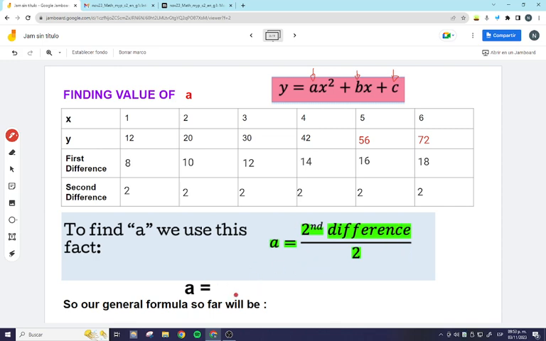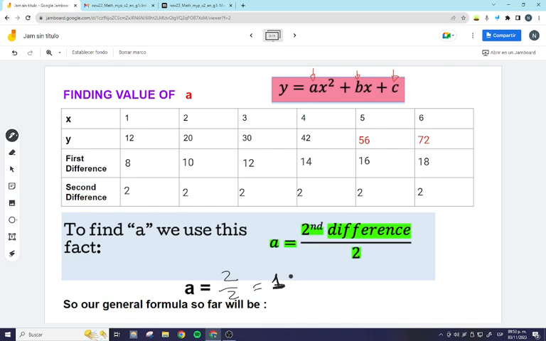So what is our second difference in this case? Our second difference is always 2. So it's going to be 2 divided by 2, and 2 divided by 2 is 1. a in this case is 1.